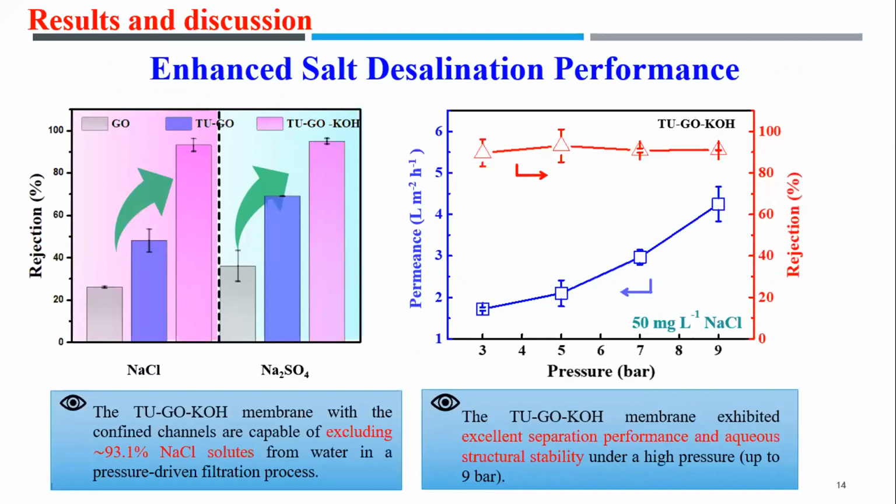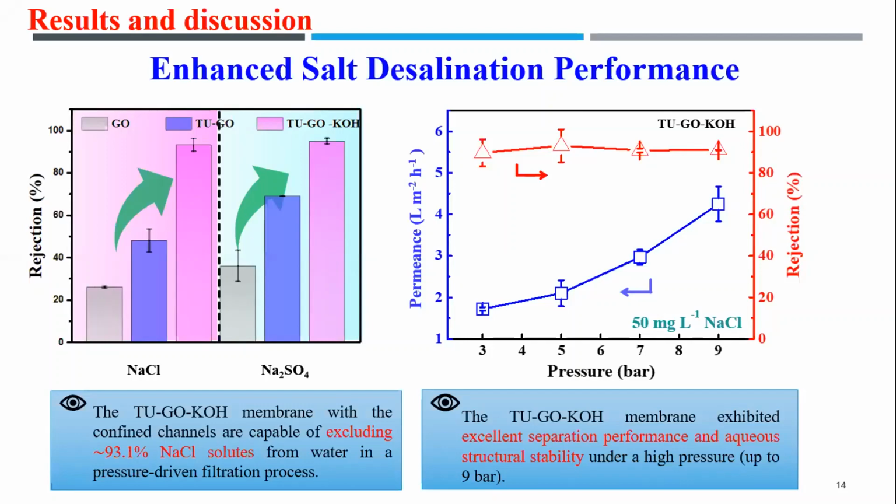Additionally, the salt sieving ability is an essential indicator for evaluating nanofiltration membranes. So the filtration performance of these membranes was tested with sodium chloride and sodium sulfate solution at a concentration of 15 ppm under a pressure of 5 bars.